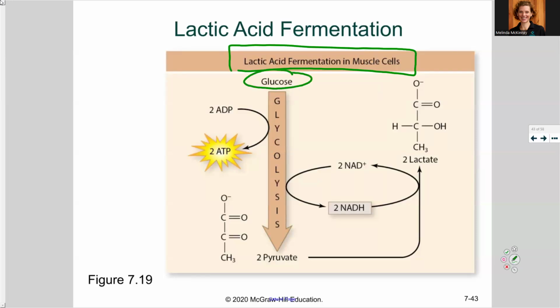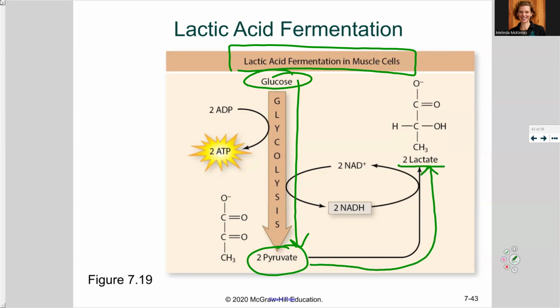You start with glucose, you go through glycolysis, you end with pyruvate. You take that pyruvate, you reduce it to lactate, right? So you're adding in the electrons here. They're being added to this molecule, producing lactate. That's our byproduct. Regenerating NAD+ goes back in, so glycolysis can continue to occur.